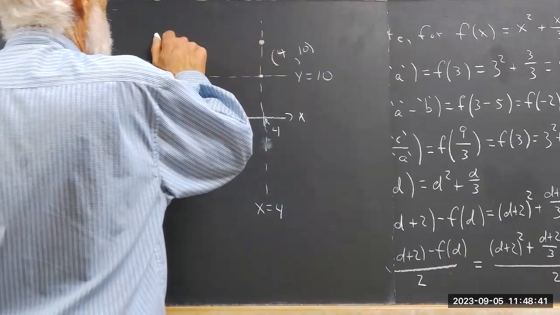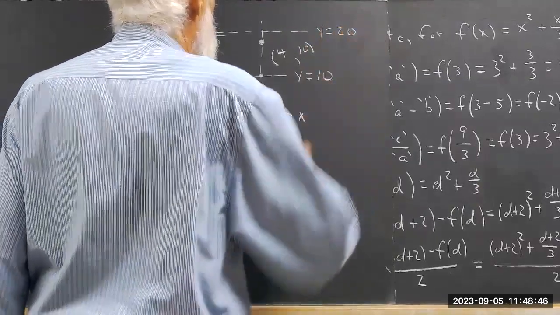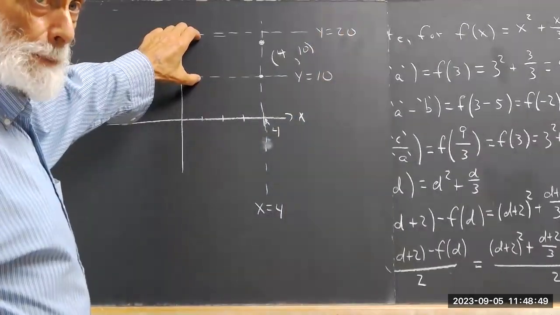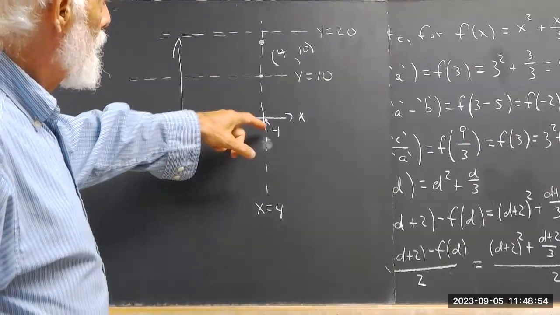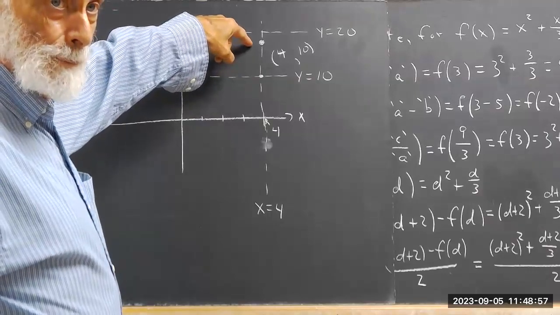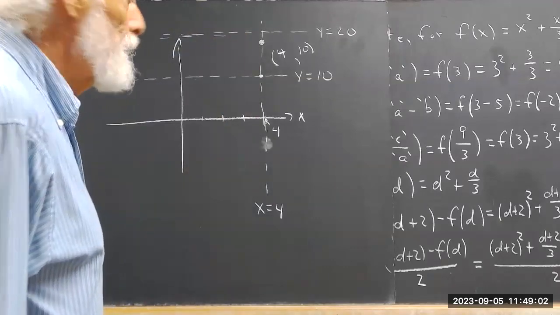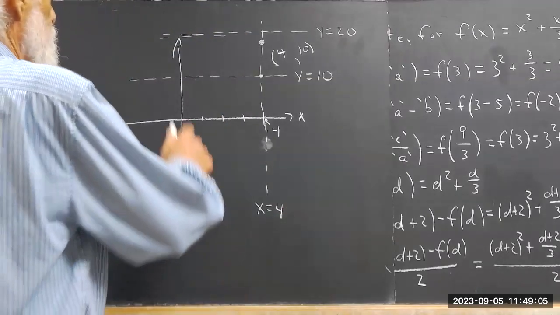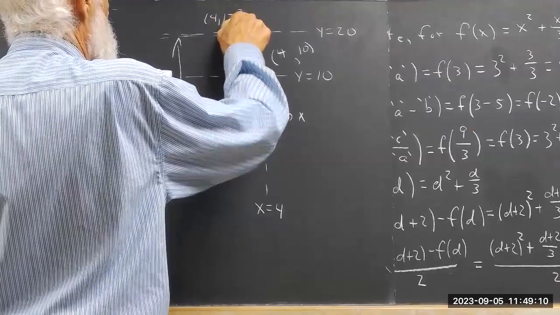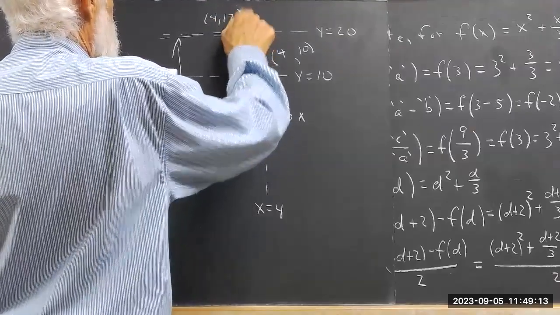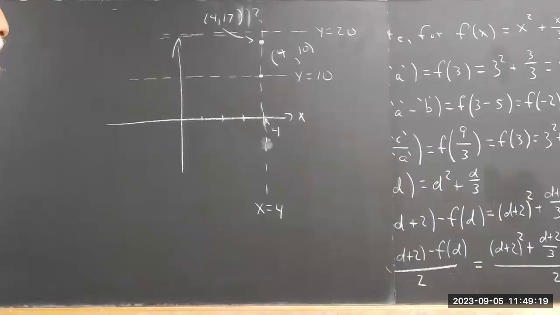So we could actually make a line for y equals 20, equally spaced with this line. The y coordinate isn't quite 20, but it's certainly a lot bigger than 10. So I would say maybe 17, or 17, question mark. I think closer to 18, I don't think it's 16.